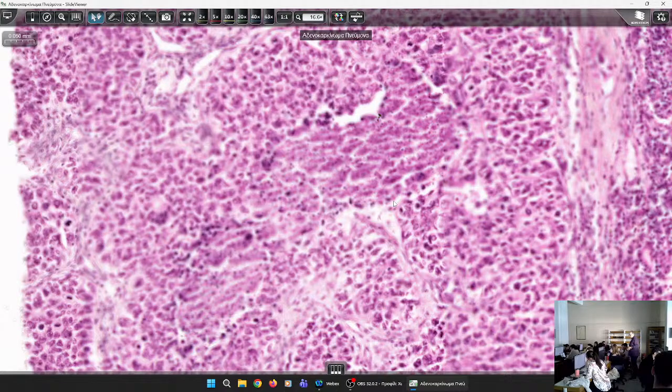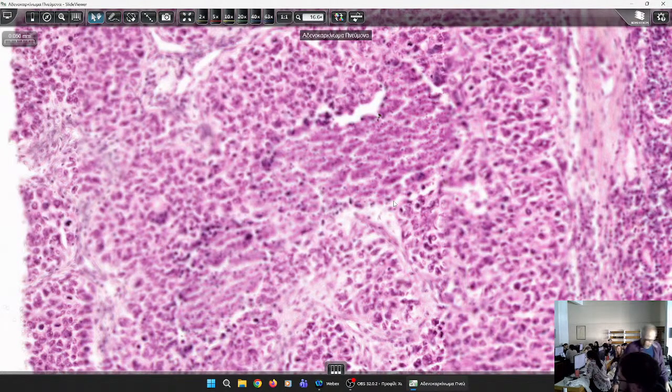Because if it is metastatic, there is no point in staging. It's the final stage of the previous cancer that has come to the lung. But if it is primary adenocarcinoma, you have to do the pathological staging of the tumor.